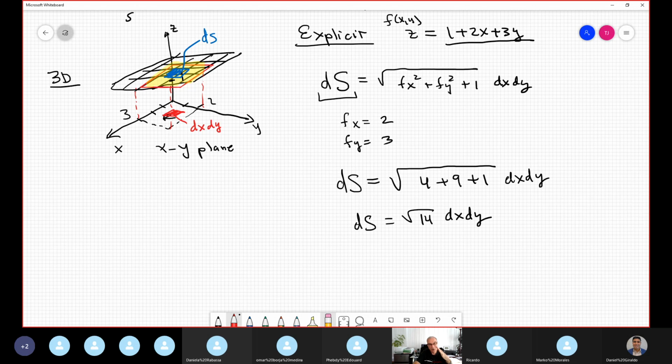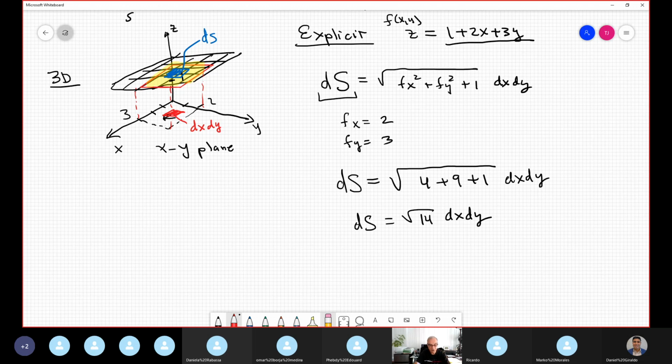Therefore, for the area of any element, it doesn't matter the dimension, when you project onto the xy plane, the scale factor is radical 14. It's the mathematical relationship. It's the beauty of this, right?